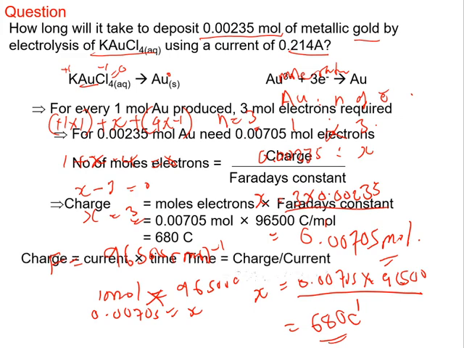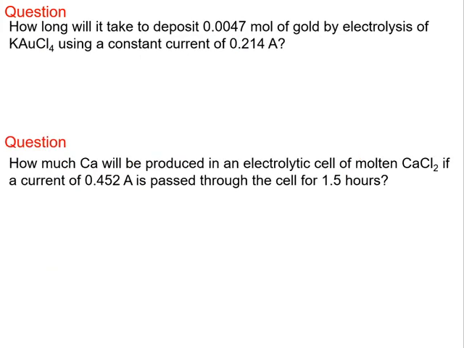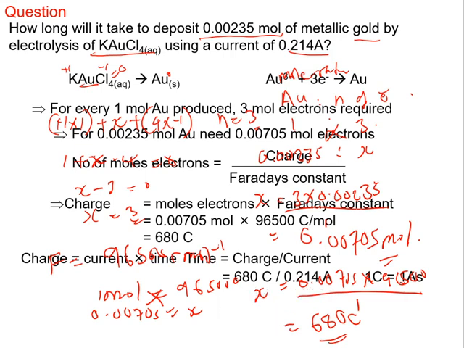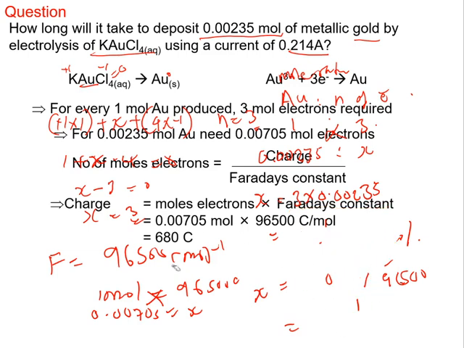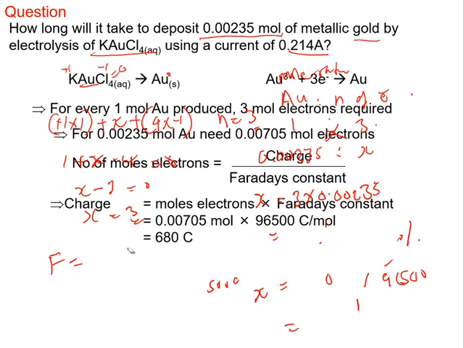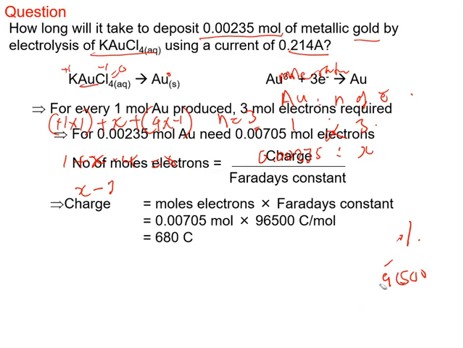Now that you found the 680 coulombs, how do we convert the coulombs to time? The answer is basically simple.